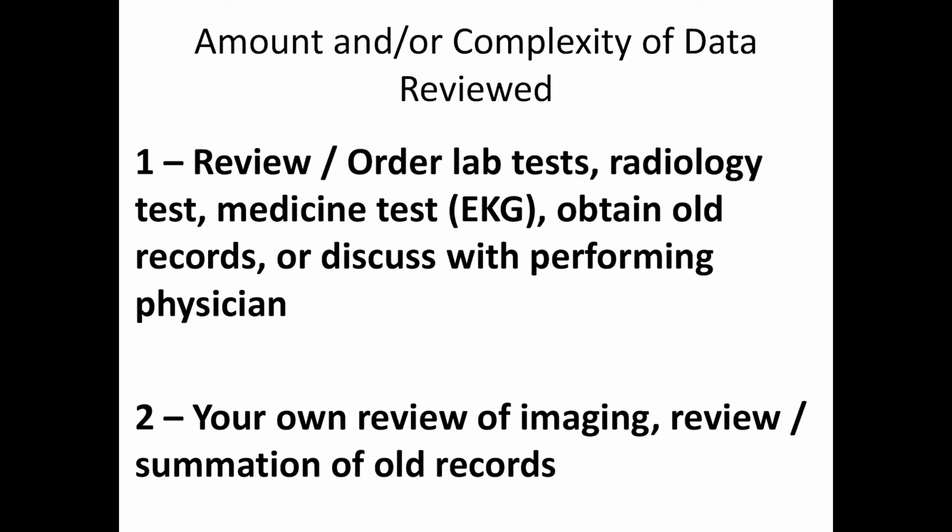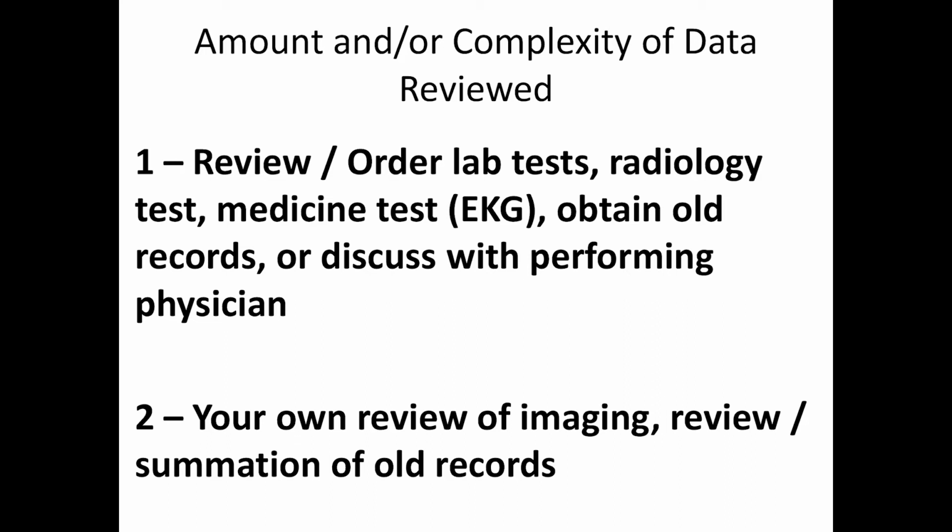If you order 3 tests or labs, it's a 3. If you review someone else's result, if you review a hemoglobin A1C that a lab sent you, if you review an MRI report, each of those get you a 1. If you order an A1C and review an MRI report, 1 plus 1 gets you a 2 in this category.